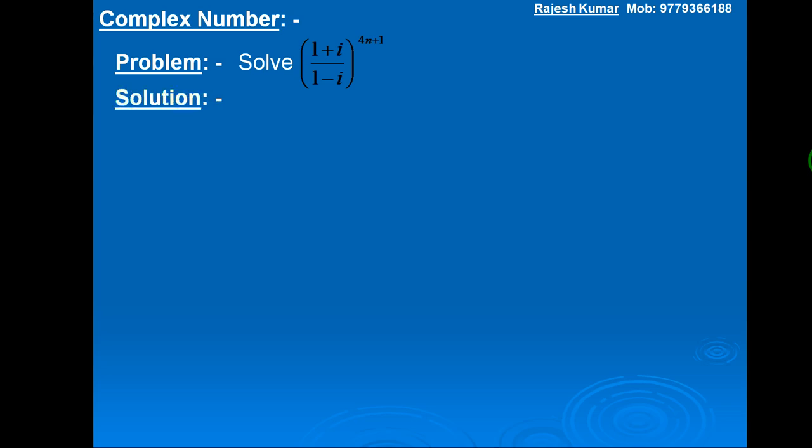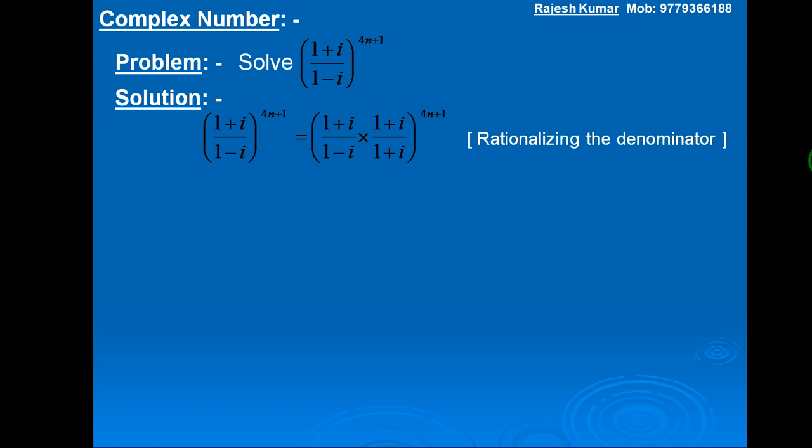Now solution is (1 plus iota upon 1 minus iota) whole power 4n plus 1 is equal to (1 plus iota upon 1 minus iota multiplied by 1 plus iota upon 1 plus iota) whole power 4n plus 1, that is, rationalizing the denominator.